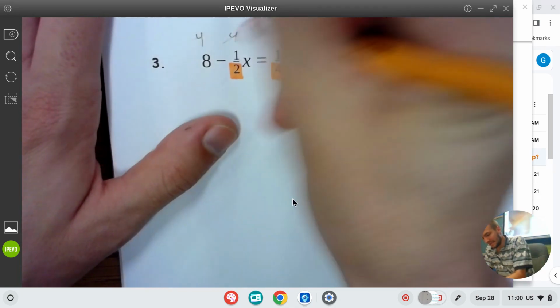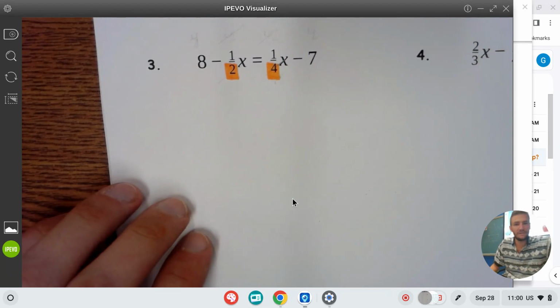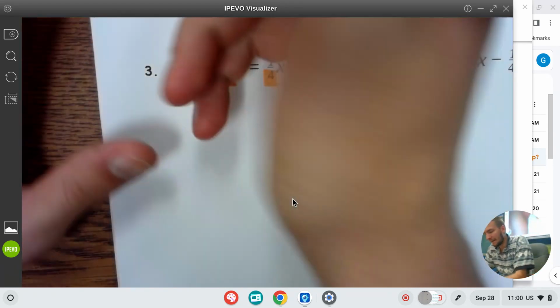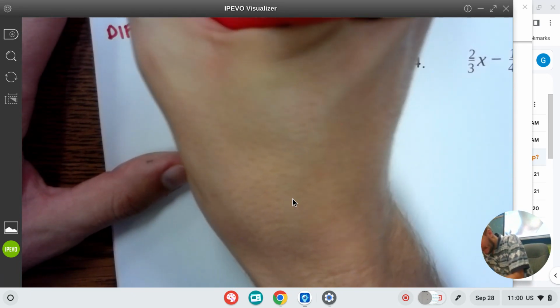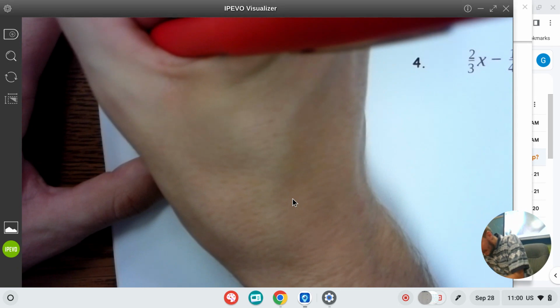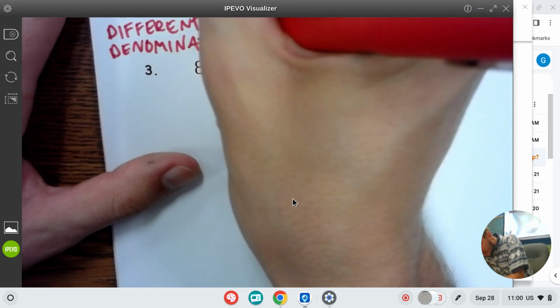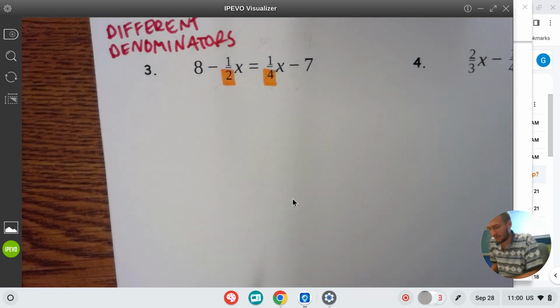So here's what we need to do. In order to solve this question, we got an easy fix. Okay? Different denominators. I'm going to write that because that's what we got. Different denominators. If you have different denominators, okay?